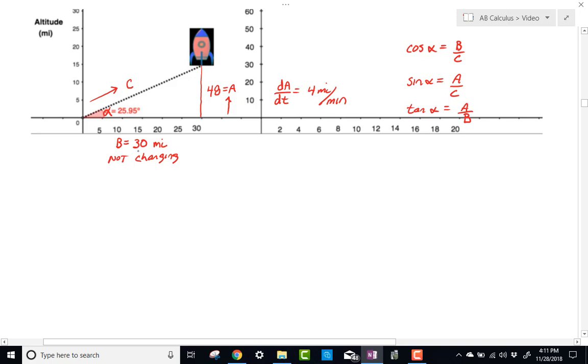Here's the thing: B is a fixed number, so if I can do something with B, it's going to be easier than choosing something with A and C, because A and C are both changing.